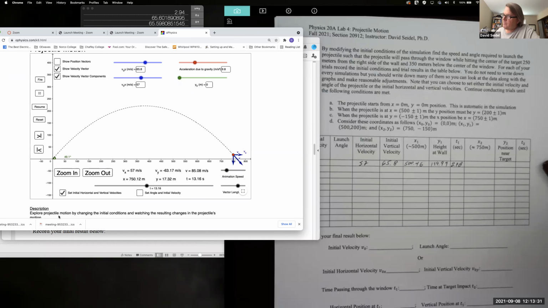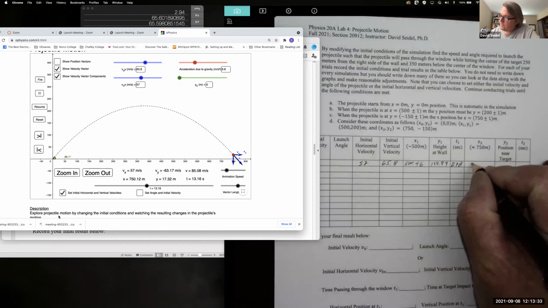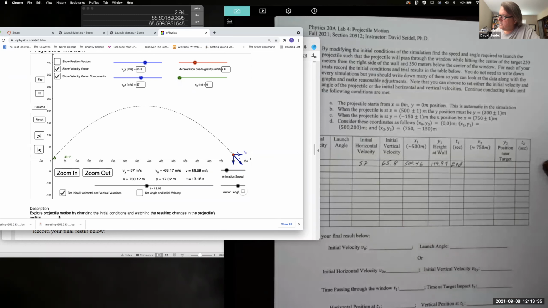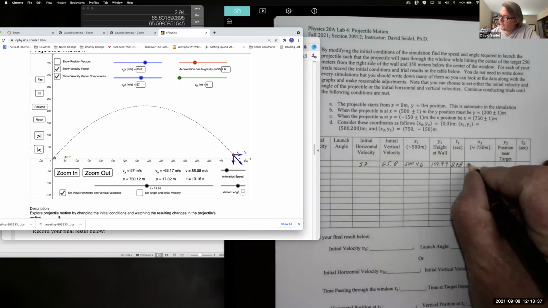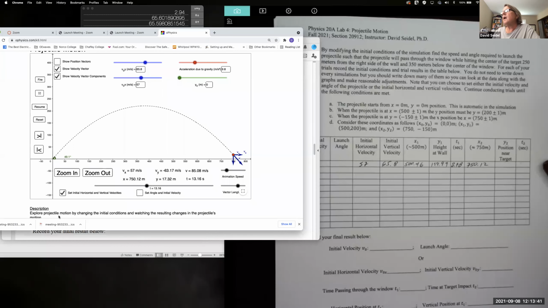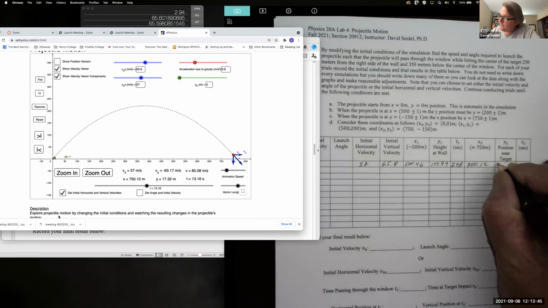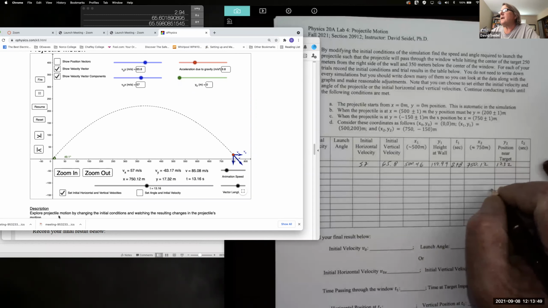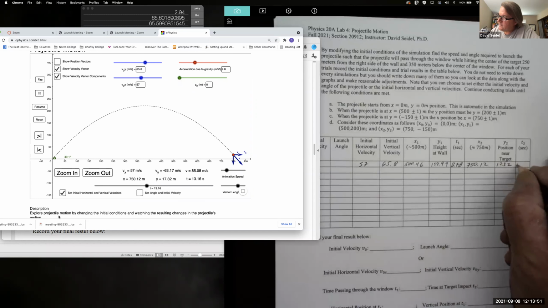There's 750.12. I have 750.12, and the Y position is 17.32. And my T is 13.16.